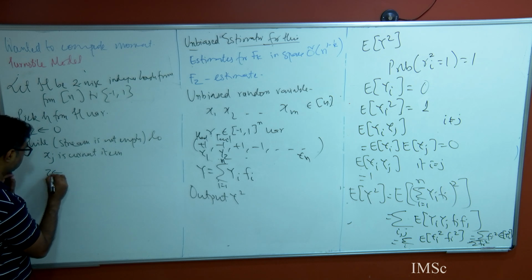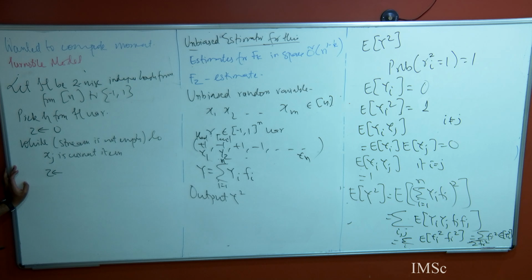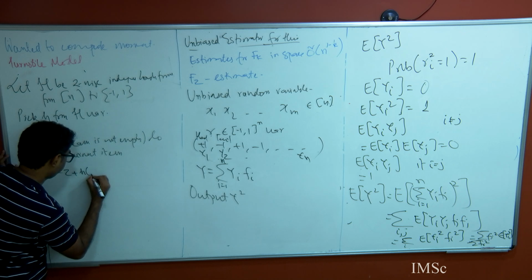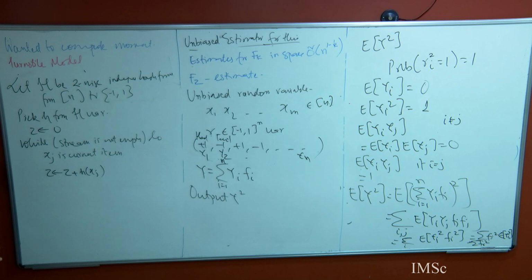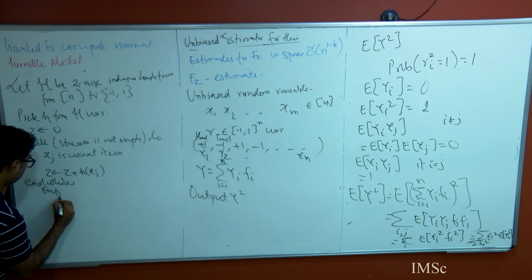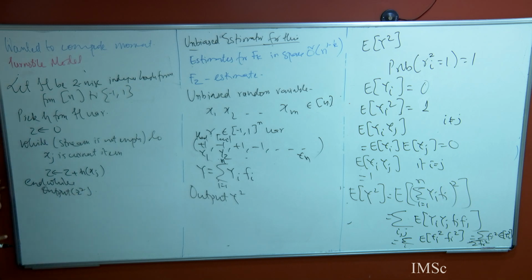What should be the Z? Of course, Z should be Z plus H of Xj. Output Z squared. That's it.